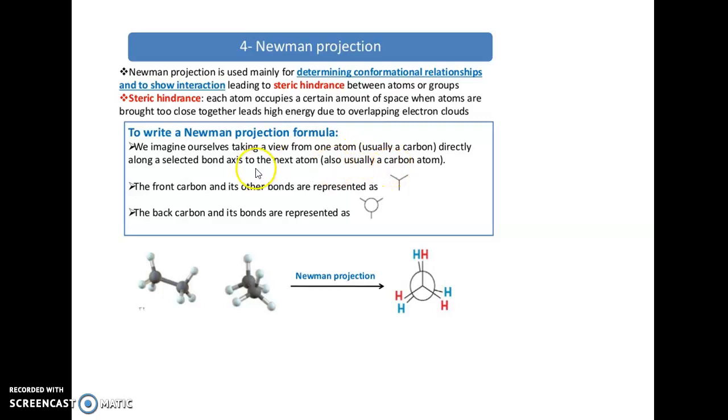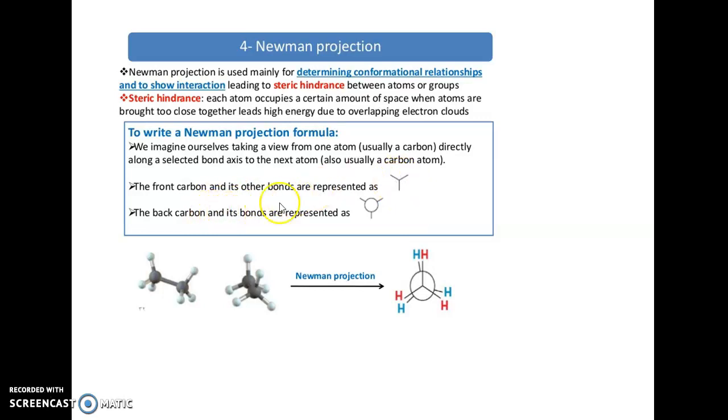The front carbon and its other bonds are represented by showing lines with the carbon. So this is the carbon, these are the other bonds associated with the carbon. This is the way to represent the front carbon.